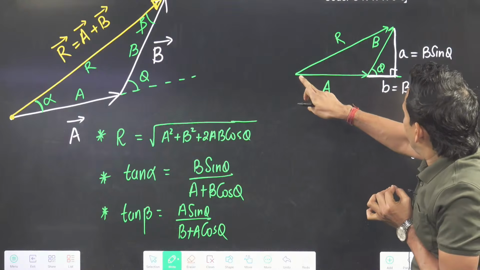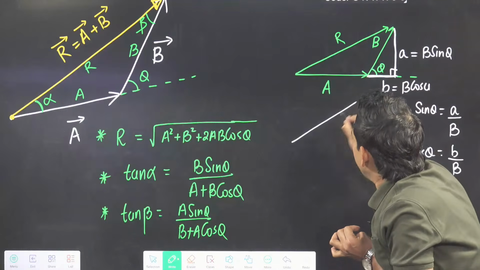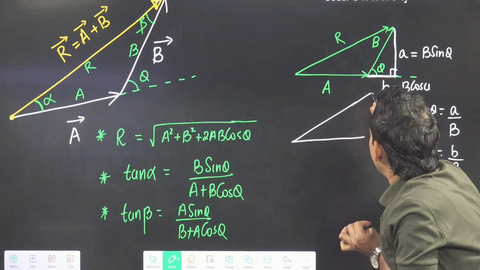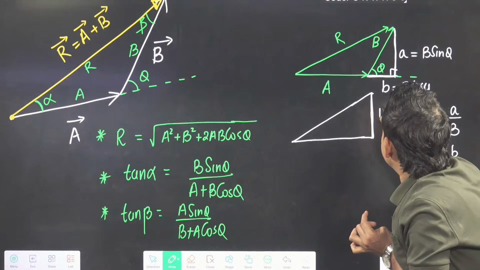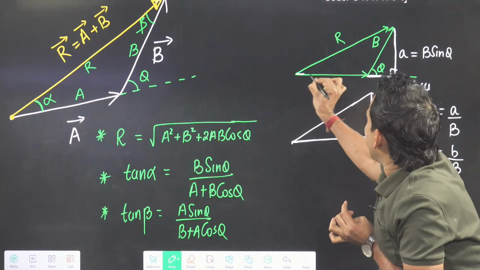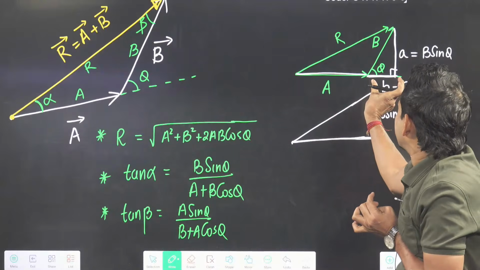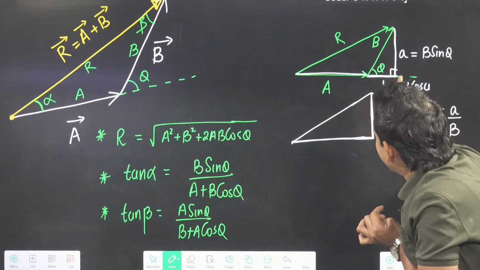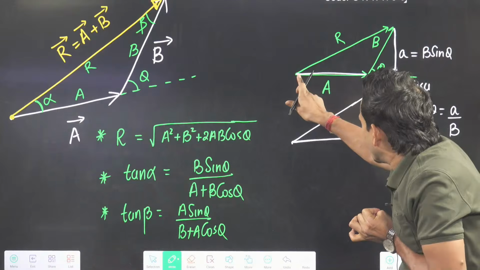Now if you check the bigger right angle triangle, your figure will become like this. This side is B sin theta.